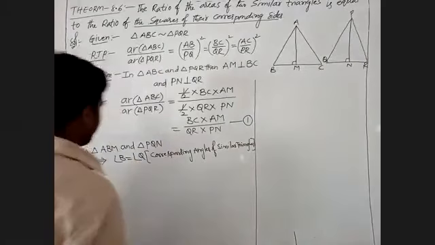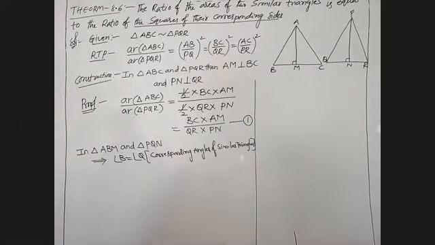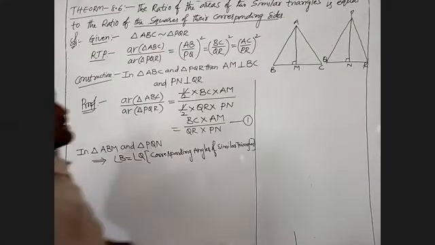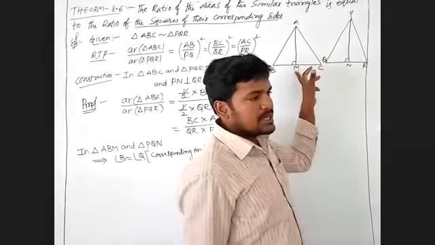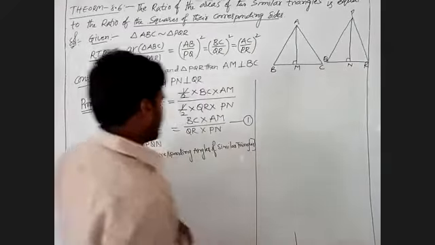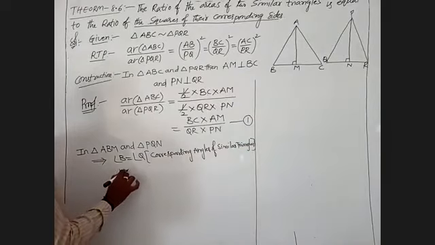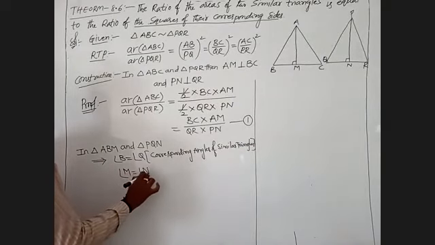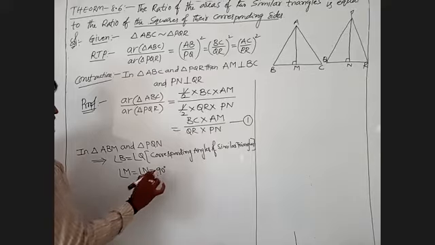And for the altitudes, angle M is equal to angle N, which is 90 degrees.